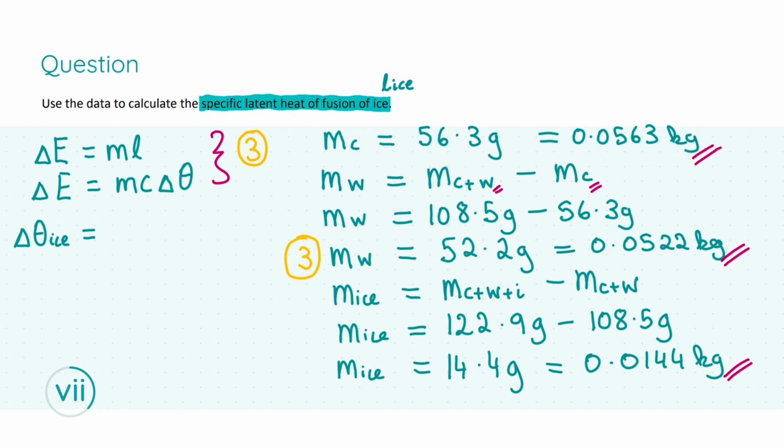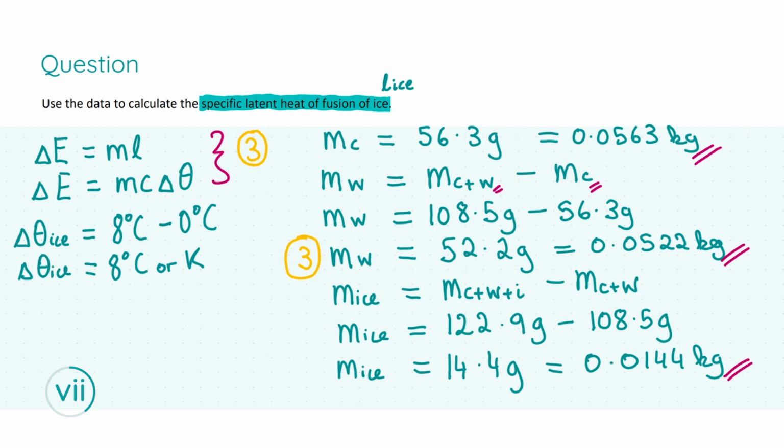So the final temperature of the ice is 8 degrees Celsius. Taking away the initial temperature of the ice, which is 0 degrees Celsius, gives us an overall change in temperature value for the ice of 8 degrees Celsius or Kelvin.